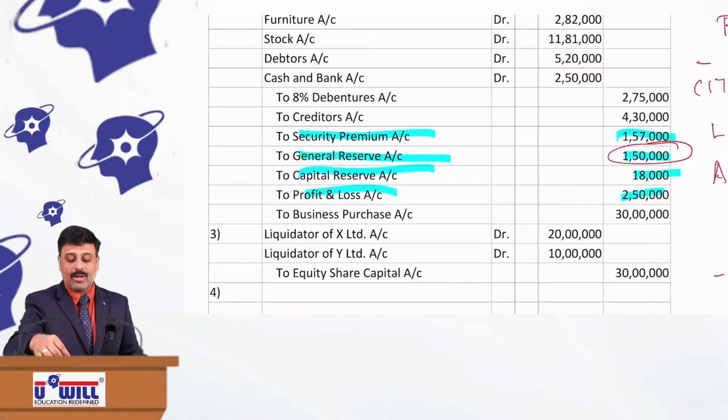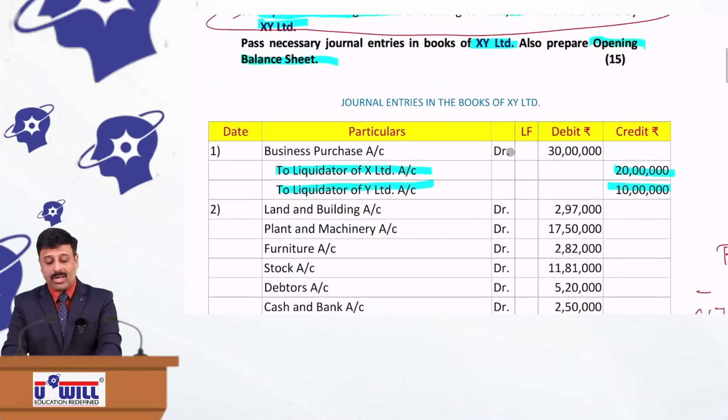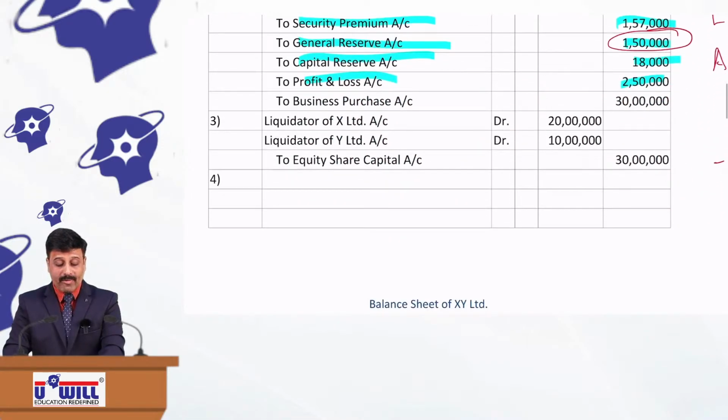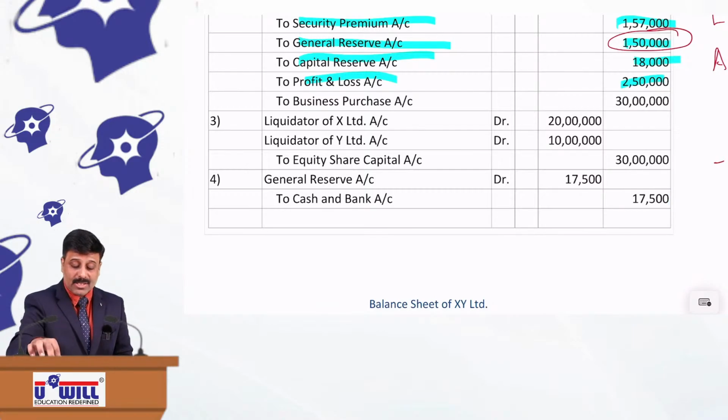Is 1,50,000 sufficient to bear the expenses of 17,500 or not? Yes. So entry over here will be, since we utilize general reserve for that, general reserve account debit with 17,500 to cash and bank account 17,500. Okay, so this is for amalgamation expenses.